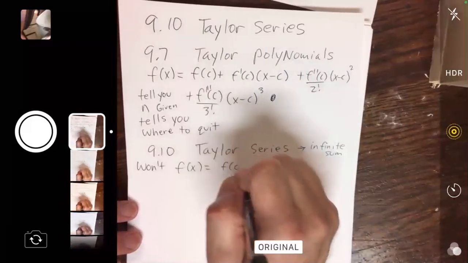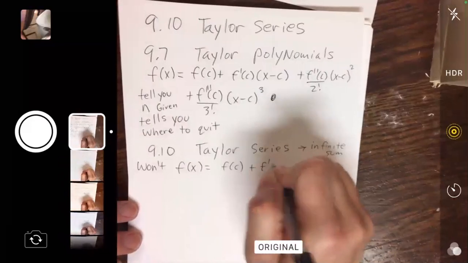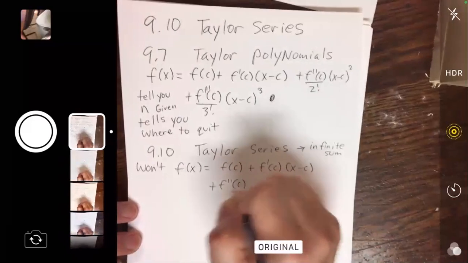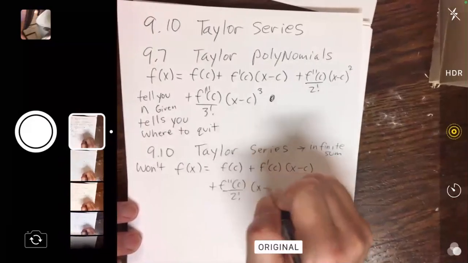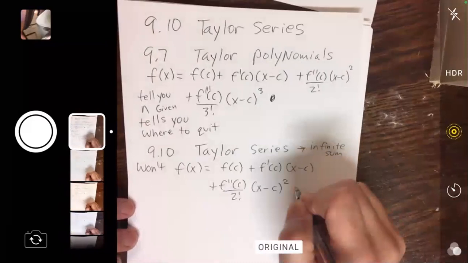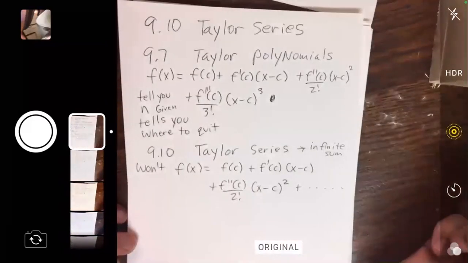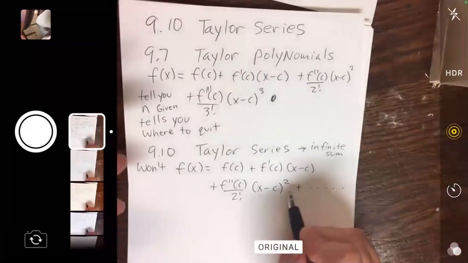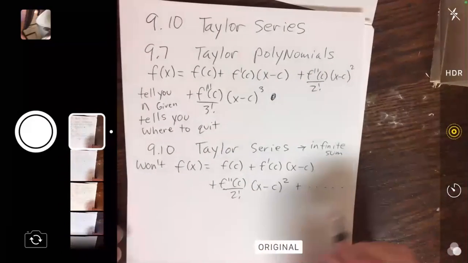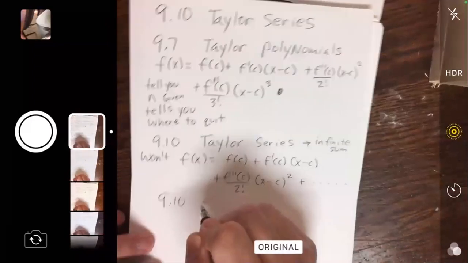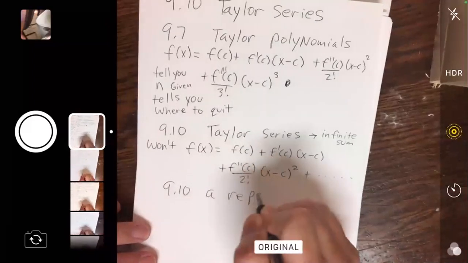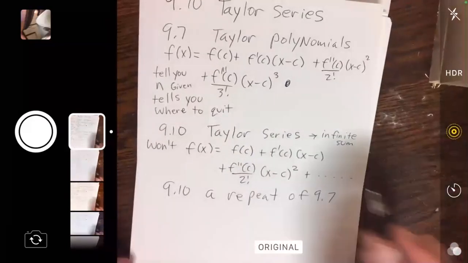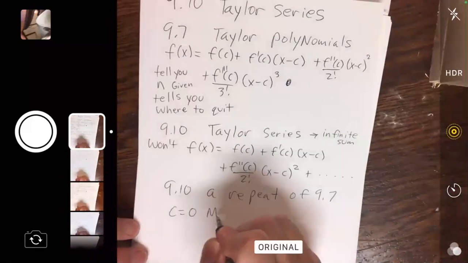You get f of c, f prime of c times x minus c, plus f double prime of c over 2 factorial times x minus c squared, and it goes dot, dot, dot. It goes forever. But it works off the same principle, which makes 9.10 a repeat of 9.7. And if c is 0, they call it Maclaurin.